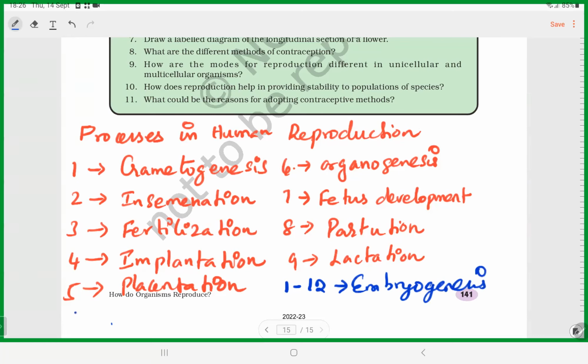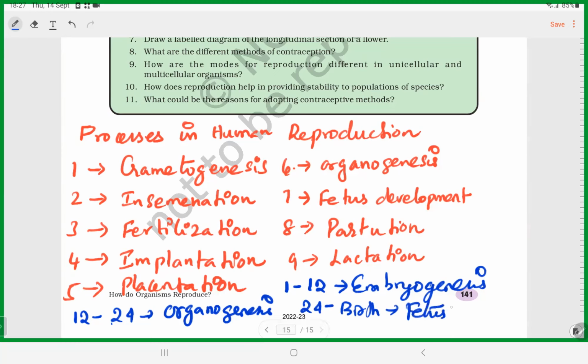Then 12 to 24 weeks, organogenesis. And then 24 weeks till birth, that is fetus development. Three trimesters.